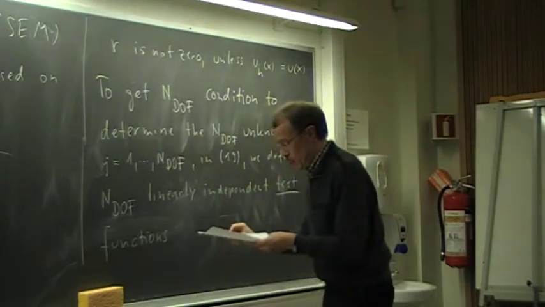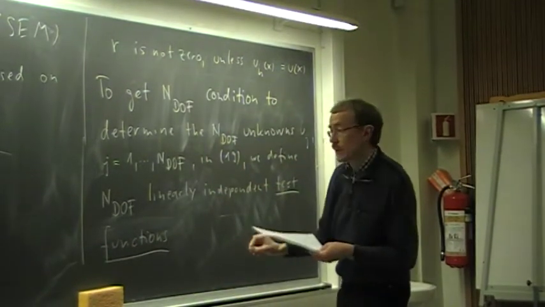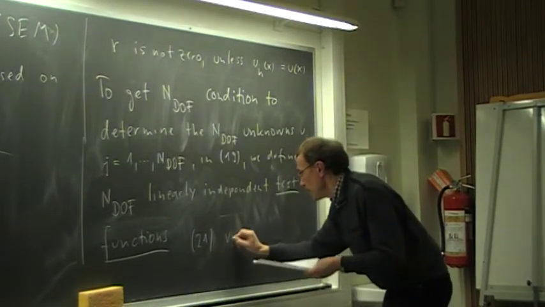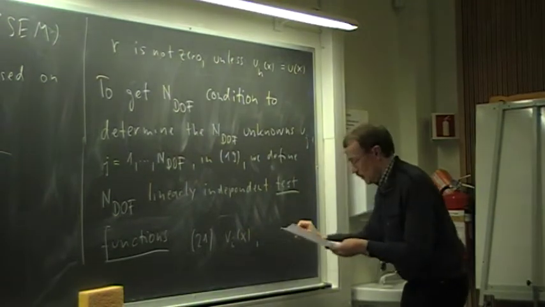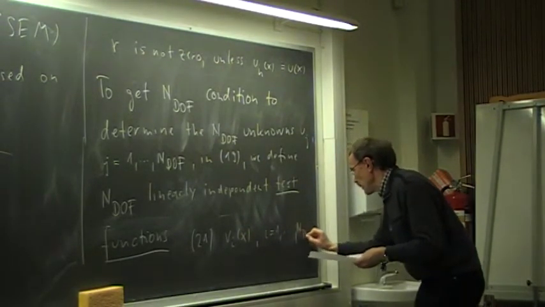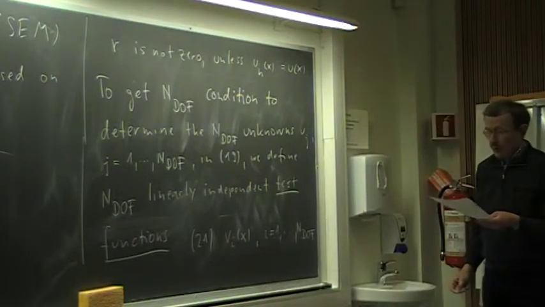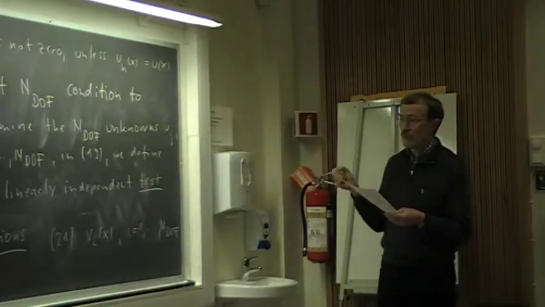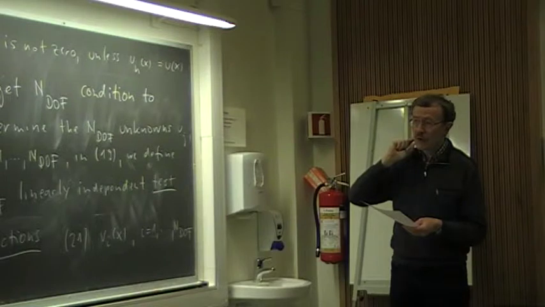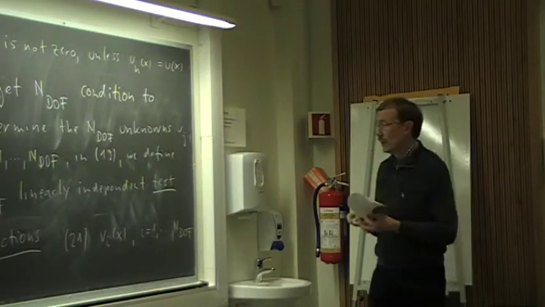And let's call them VI, let's see, 21. VI of x. And we have ND of f of them. So then we try to use those to get conditions for the coefficients in 19.